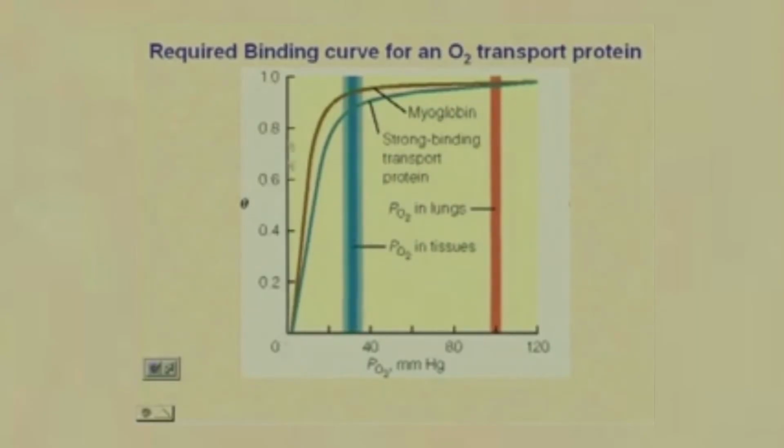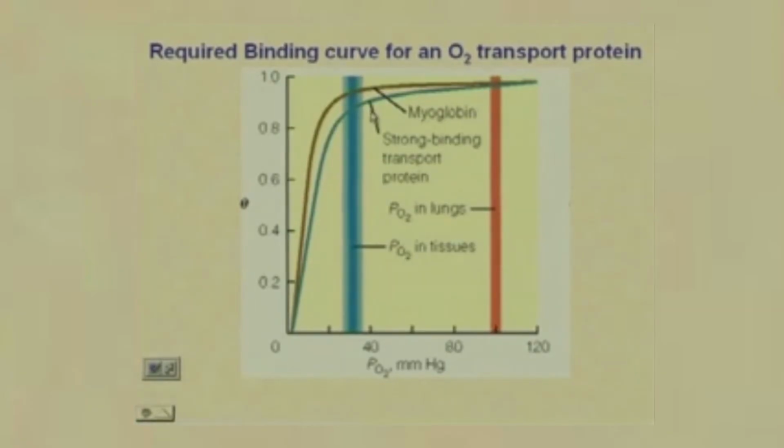What we have on the y-axis is the fraction, and on the x-axis is the partial pressure of oxygen. The partial pressure of oxygen in the lungs is high. The partial pressure of oxygen in the tissues is low. If this is the hyperbolic curve for myoglobin.